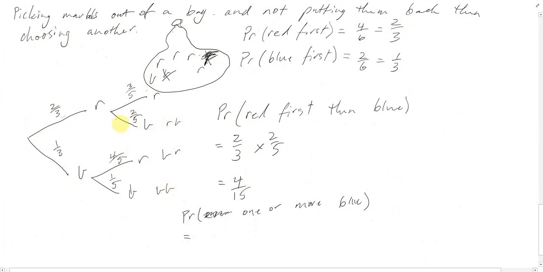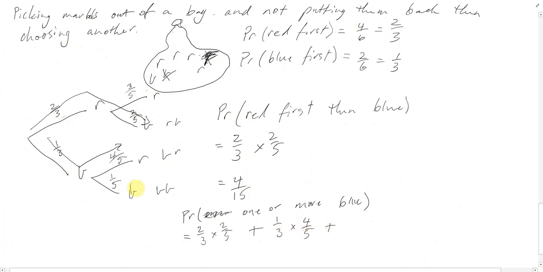So first, the red-blue option is a 2 on 3 multiplied by 2 on 5. Next up is the blue-red option. So that's a third times 4/5.